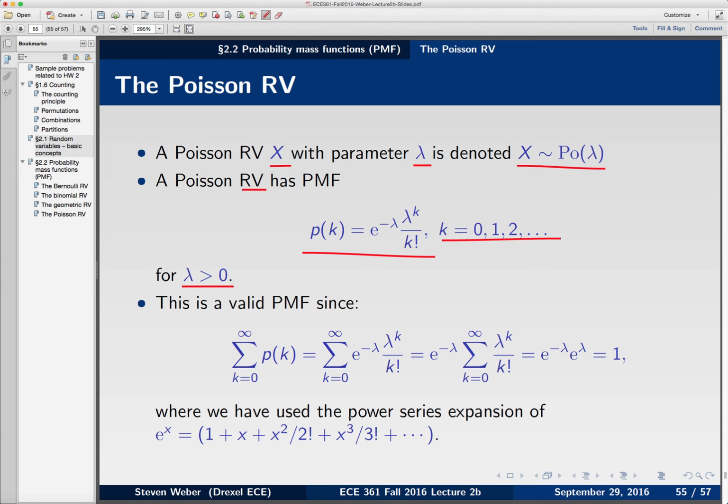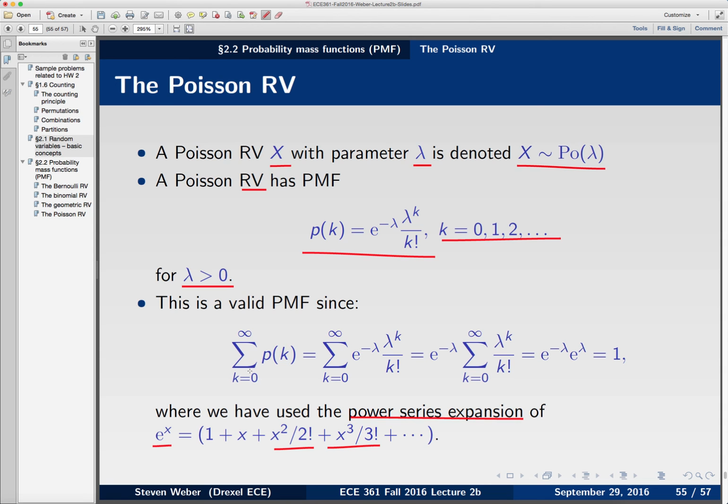Let's recall the power series expansion of the exponential e to the x. e to the x is equal to 1 plus x plus x squared over 2 factorial plus x cubed over 3 factorial, etc. Using that, we can show that the Poisson random variable PMF is valid, that is, that it sums to 1.